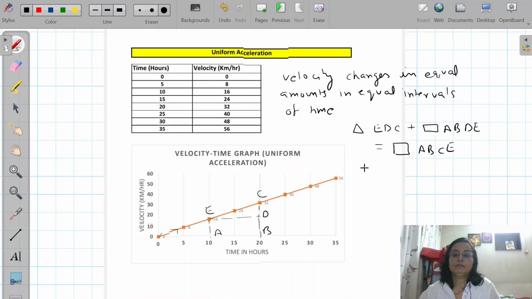This is nothing but half into 10 into 16 (32 minus 16 is 16), which is 80, plus the area of rectangle ABDE, which is length into breadth, 10 into 16, which is 160. So 80 plus 160, which is again 240 kilometers.